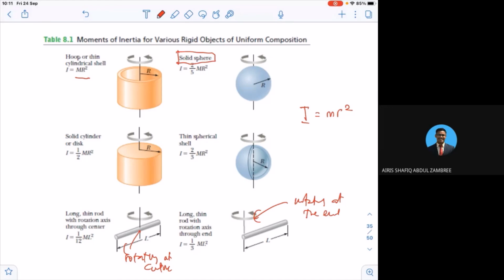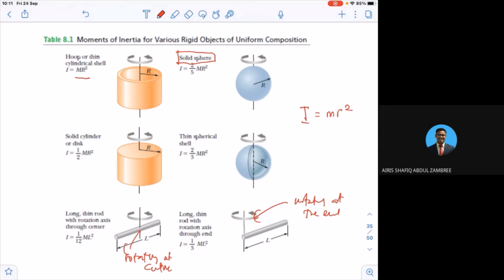So do you need to memorize all of these equations? Definitely no, because we will provide all the equations according to the problems.